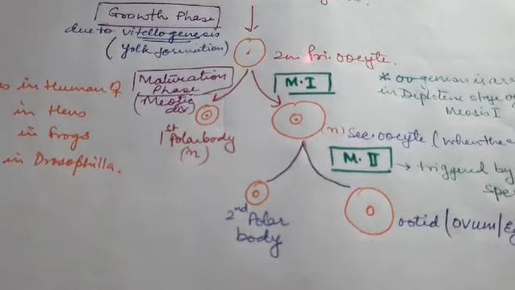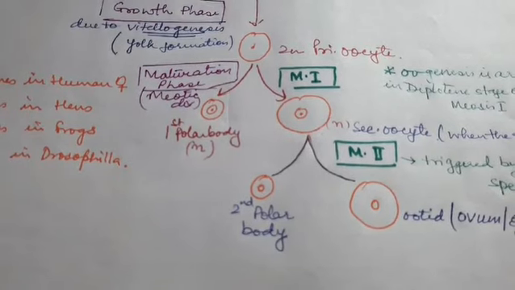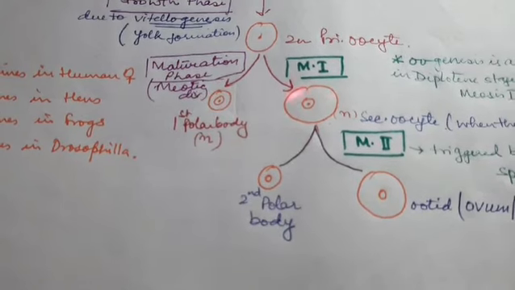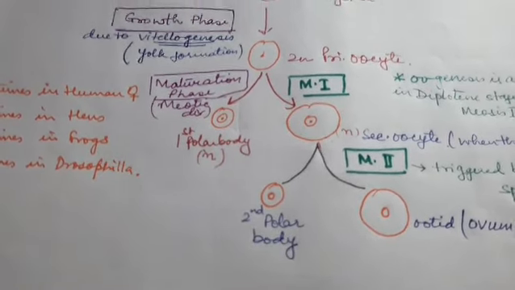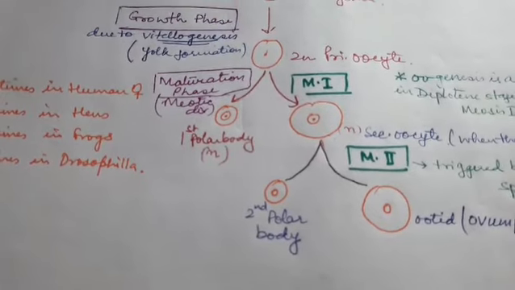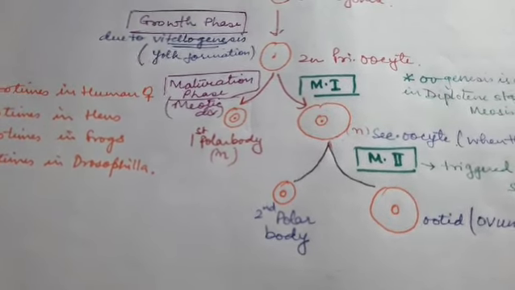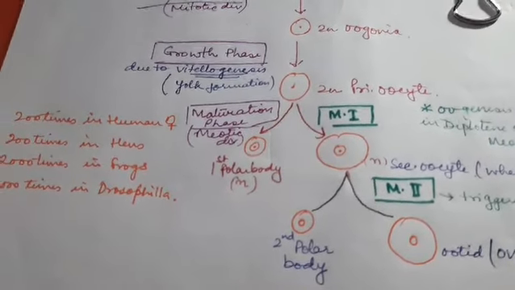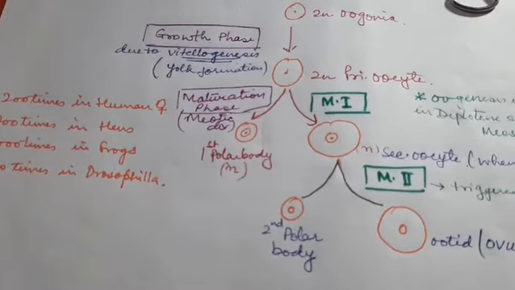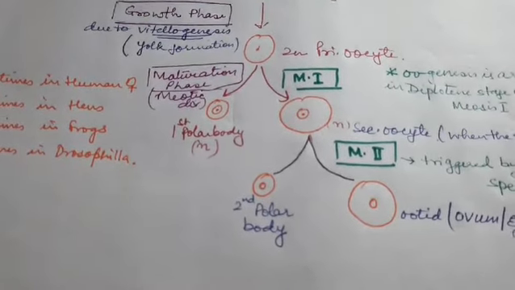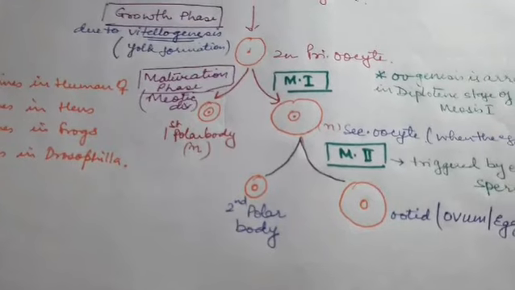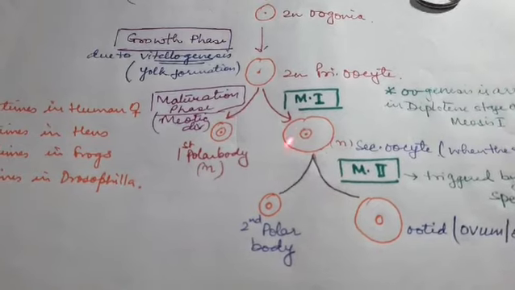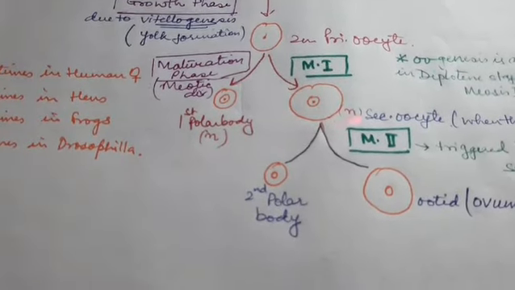So from one primary oocyte, only one secondary oocyte will be formed, but there is a reduction division, that is the chromosome number is going to get reduced to half. So this nucleus is with the 2n here, and we see half, the two nuclei are formed, and they both will have one set of chromosomes in them.